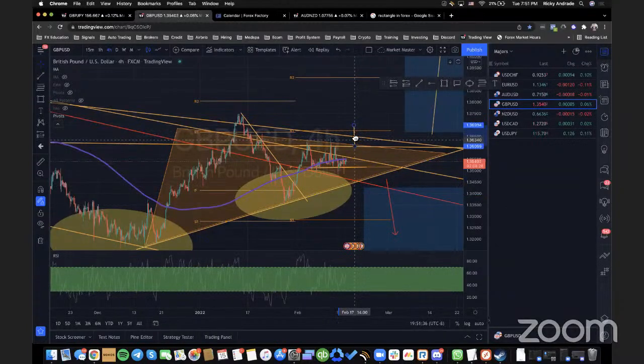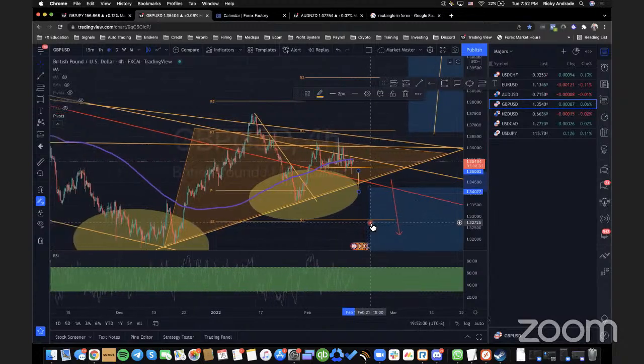The reason I say that is because of this R1 pivot point right here. The take profit would be all the way up here where there's a strong resistance. So this side has more room to hit the support one before any major rejection.